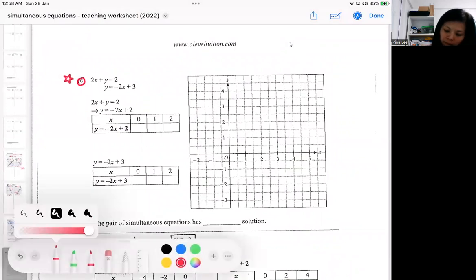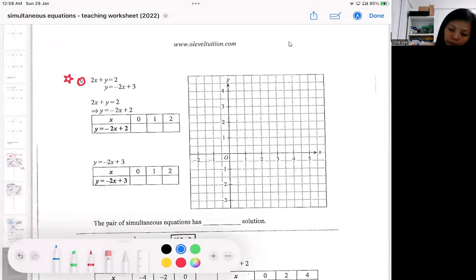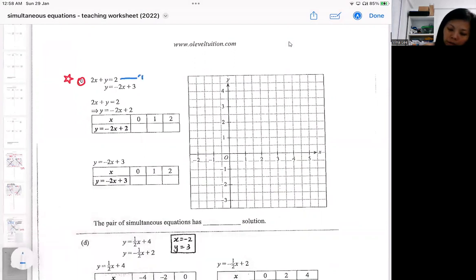Okay, so let's talk about the two equations first. So this is the first equation. We make y the subject so that it's easier for us to fill up the table.